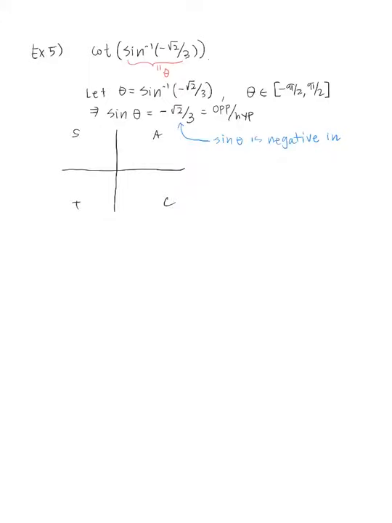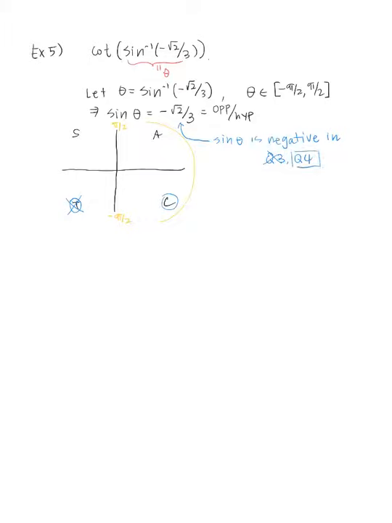Sine is negative in quadrant 3 and quadrant 4. But theta must be between negative pi over 2 and pi over 2, so it needs to lie in here somewhere. Which one's out? Quadrant 3 is out. So I'm just going to keep quadrant 4.